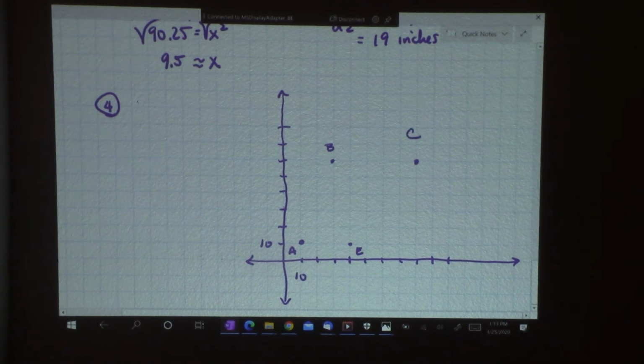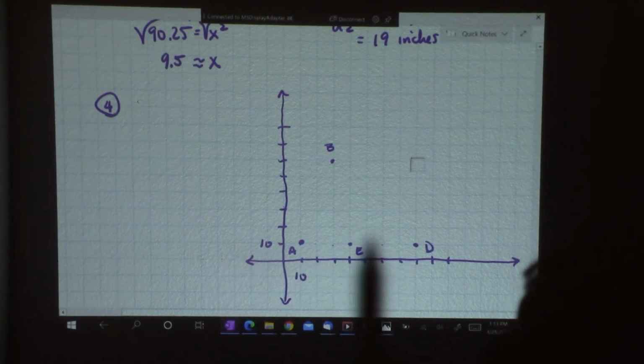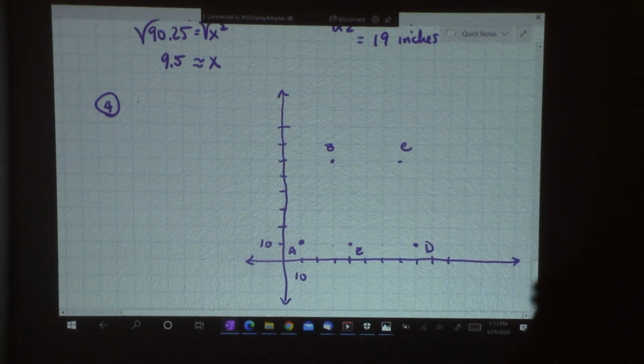So this is C. Okay, sorry about that. This is right here. Okay, so I'm going to draw my shape. And this comes down here.